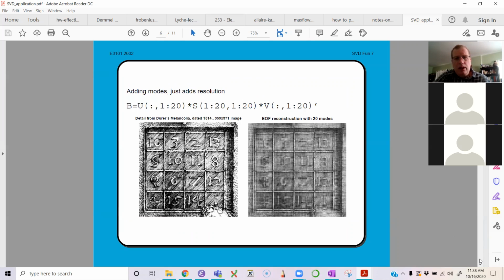Right, this is 20, 30, 40, and already with 40, you can read the numbers. 50, 100, 100 is pretty good. 200. All right, questions?